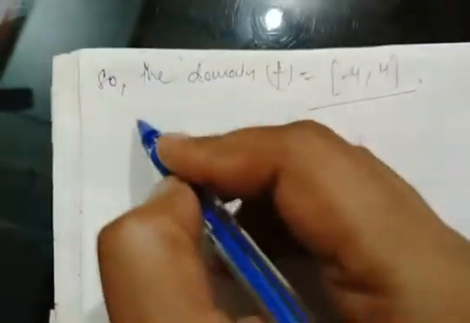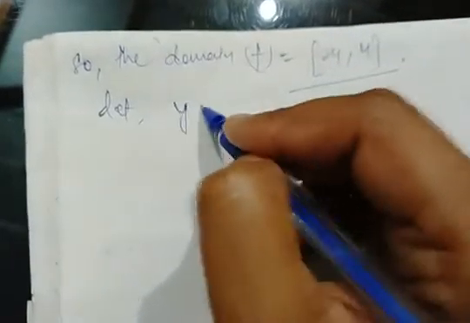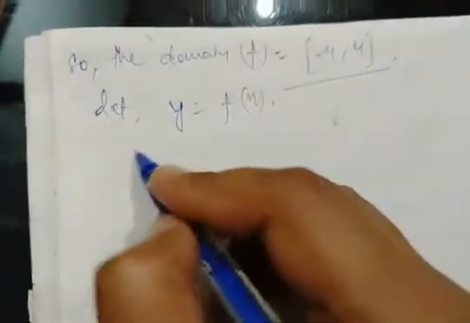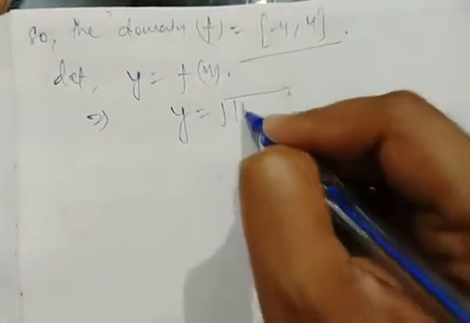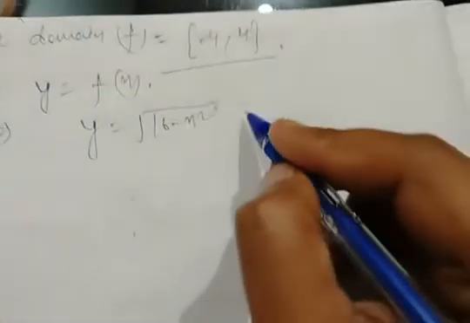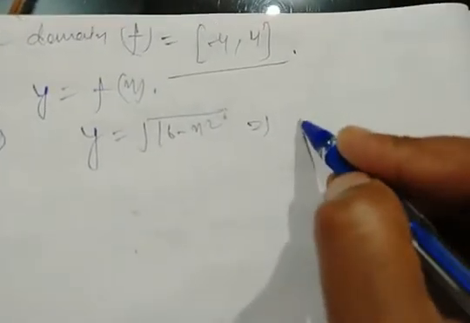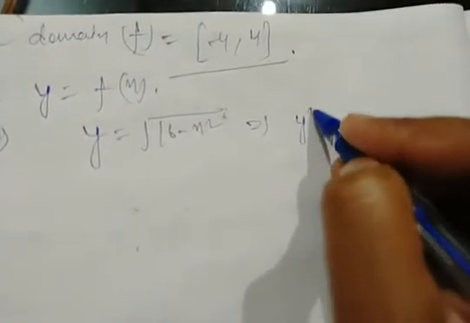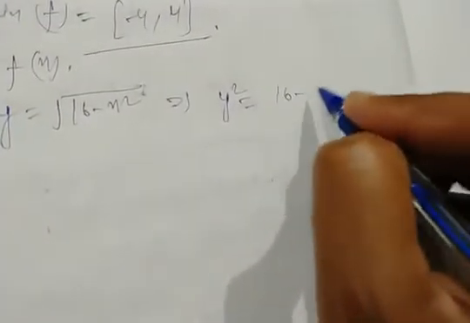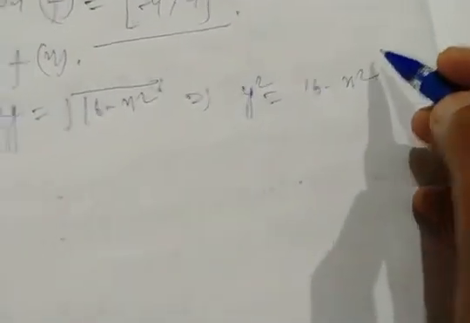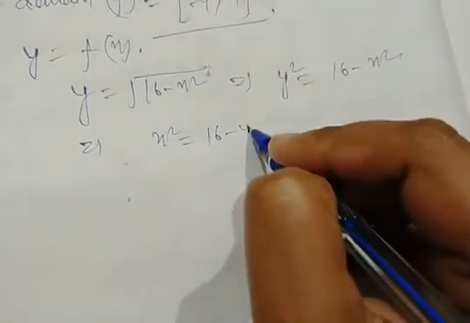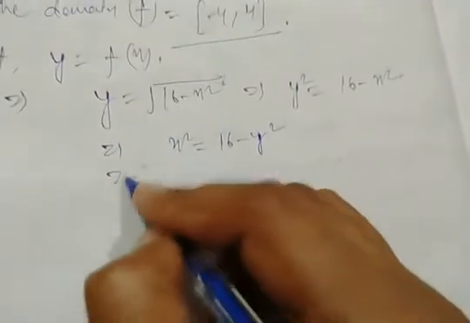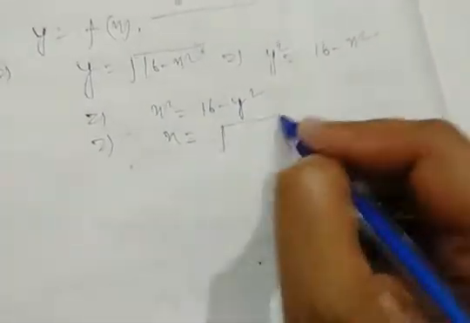Now, in the second step, let y equal f of x. That is, y is equal to under root 16 minus x square. Now squaring both sides, we get y square is equal to 16 minus x square. So x square is equal to 16 minus y square. This implies that x is equal to under root 16 minus y square.